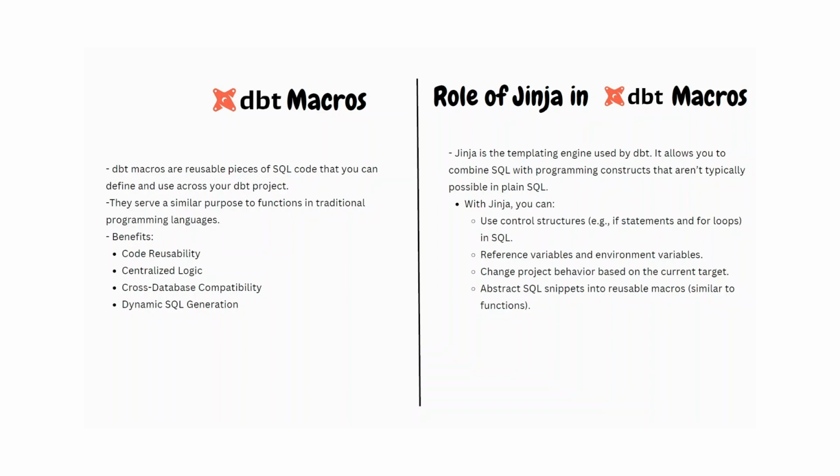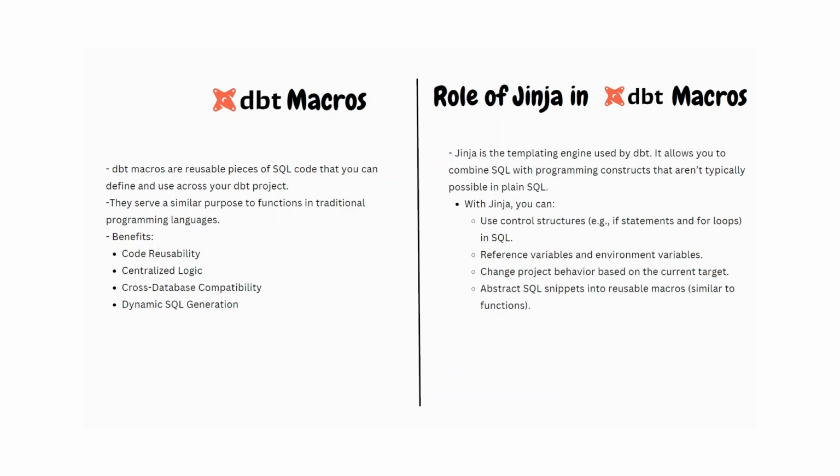So let's start. What is a dbt macro? dbt macros are reusable pieces of SQL code that we can define and use across our dbt projects. In simple words, we can think of them as similar to functions in a traditional programming language such as Python or Java.